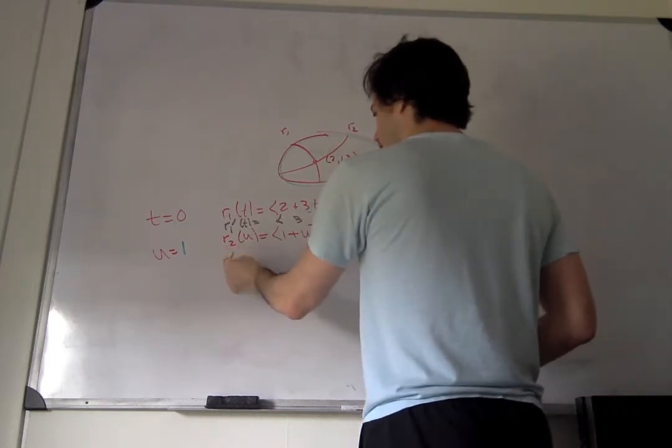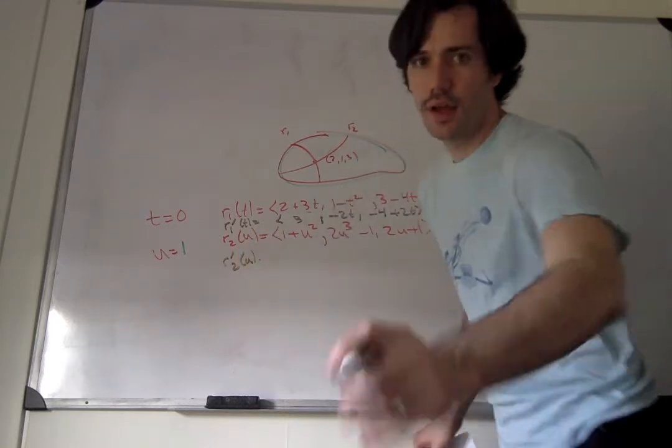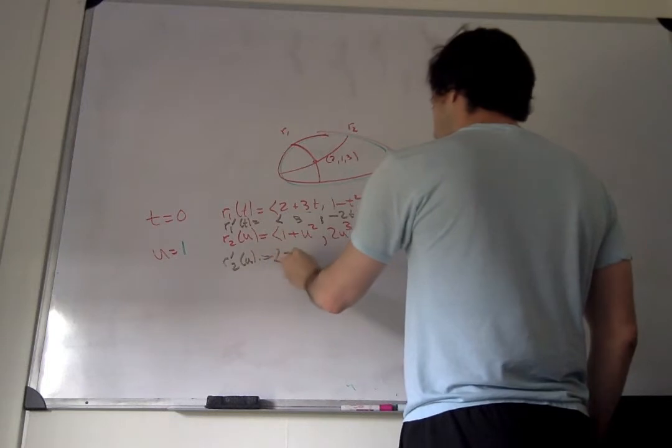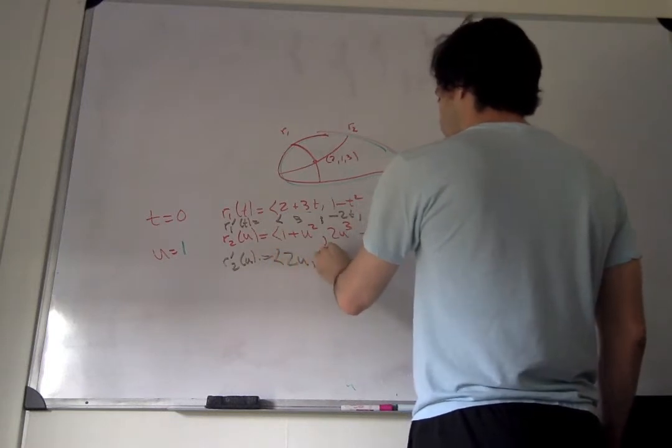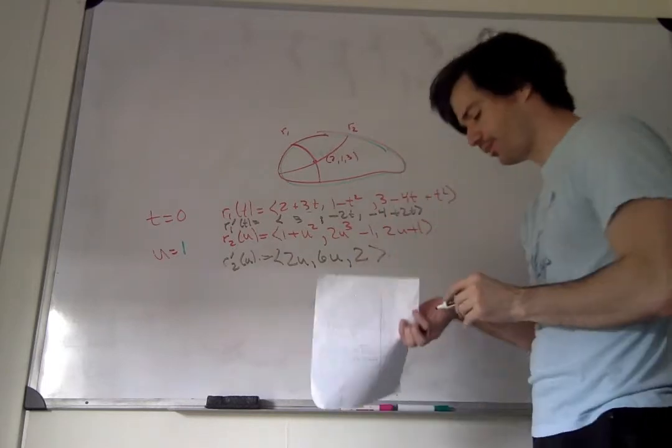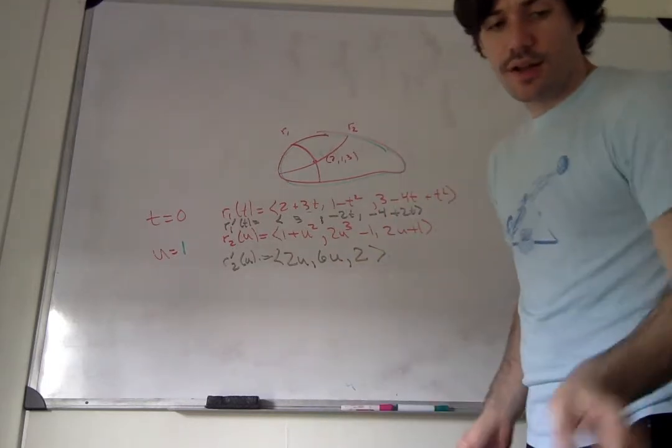And then the derivative of that with respect to u is going to be 2u, 6u, and 2.